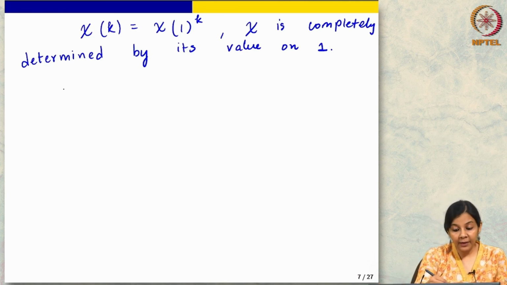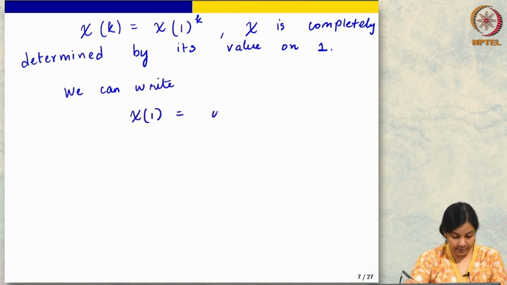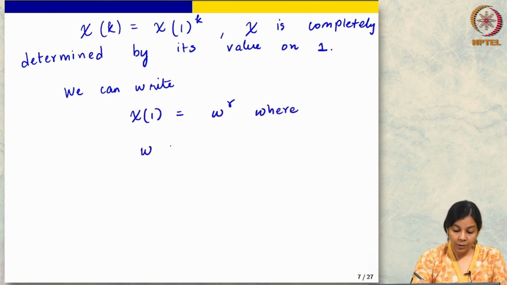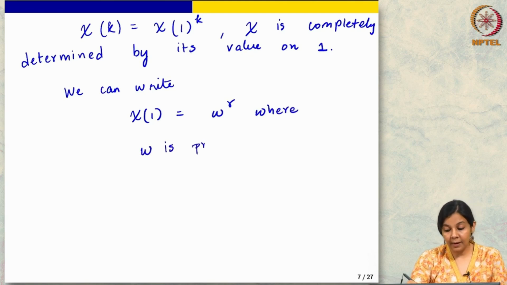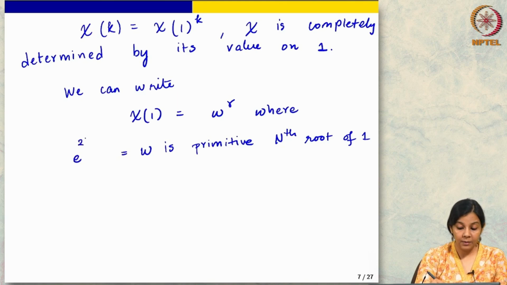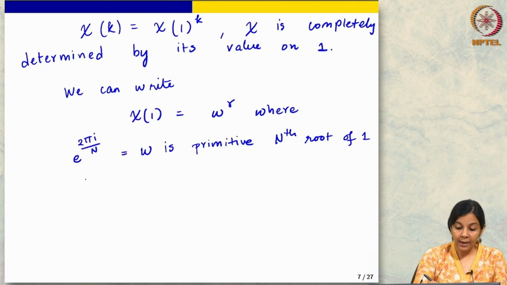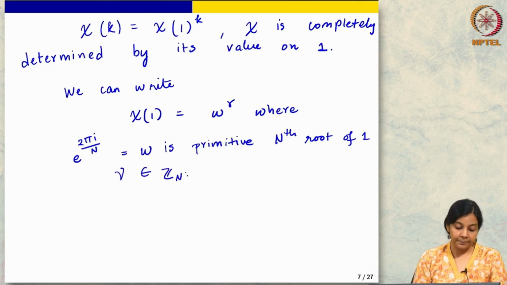So that means that we can write chi of 1 as omega to the gamma, where omega is a primitive nth root of unity. So omega is what? E to the 2 pi i over n, right. This is a primitive nth root of unity, and gamma is just something in Zn.